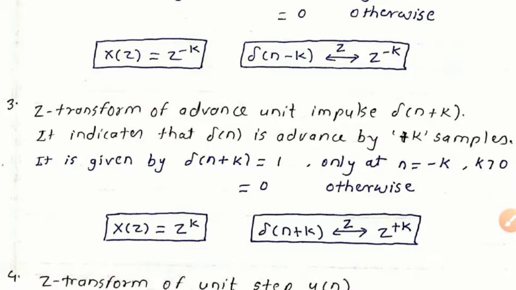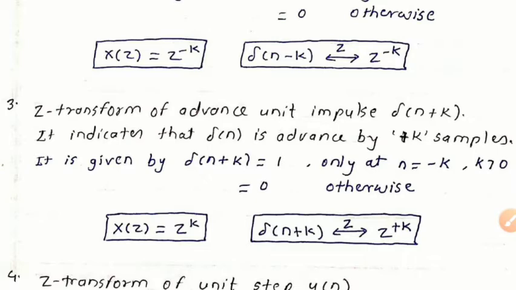So what will be the Z transform? Its Z transform will be X of z is equal to z raised to plus k. It is advanced because it shows the plus k value. It can also be denoted as delta of n plus k bidirectional arrow z raised to plus k.